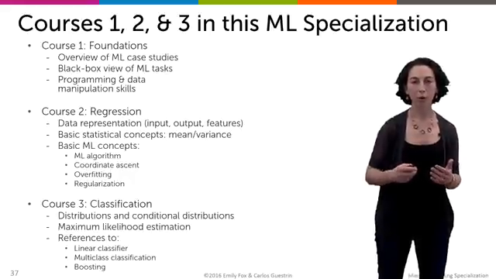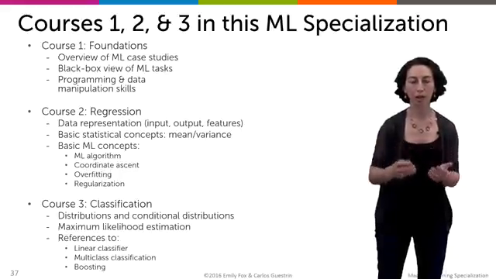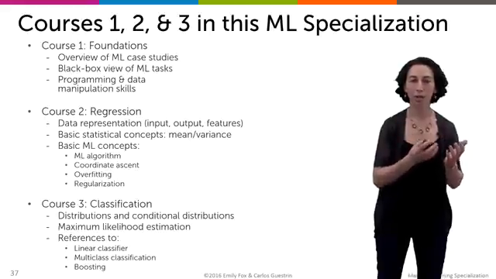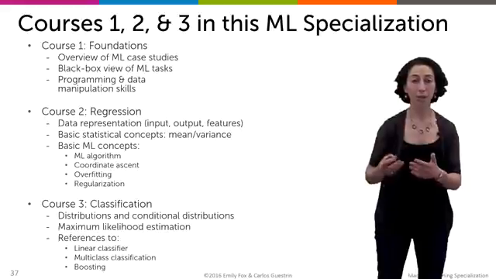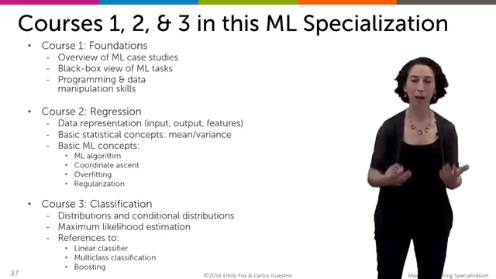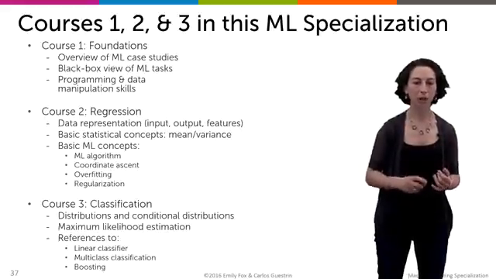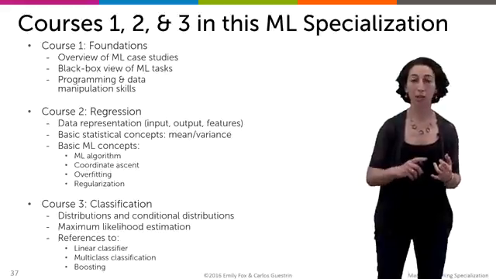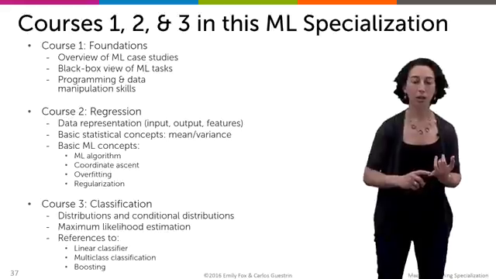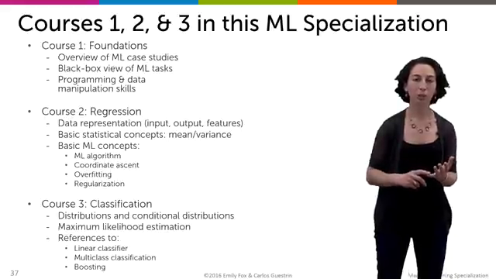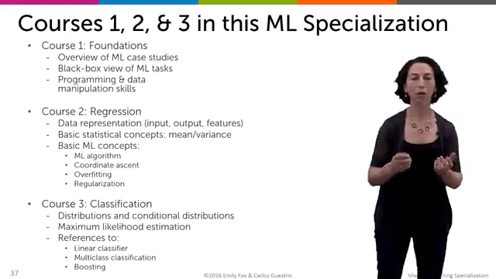And then in the regression course, we went through a lot more detail on how we think about features representing the inputs to our algorithms and what the outputs are, and how to examine those outputs and assess different things about performance. And we talked about basic statistical concepts like mean and variance that we're going to see many times in this course. And also we covered basic machine learning concepts like what is a machine learning algorithm.